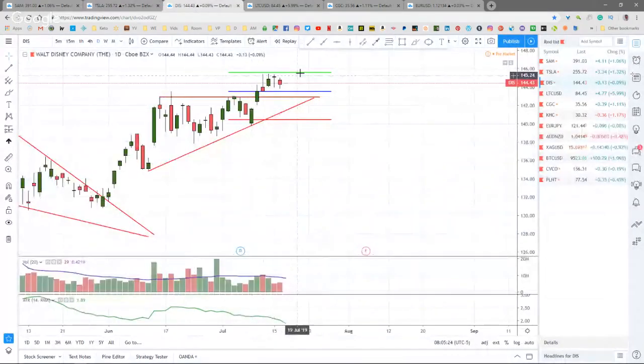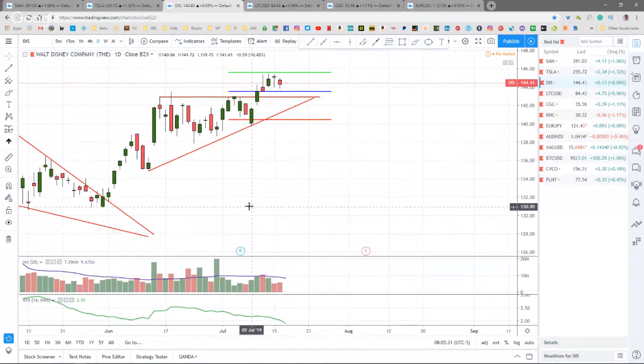Disney, we're still waiting for Disney to hit the stop. I'm not going to give this too much time before I shut this down. The whole concept behind this strategy is that it's based on this explosive momentum out of the consolidation. And it looks like the momentum may have been spent right here on this bar.